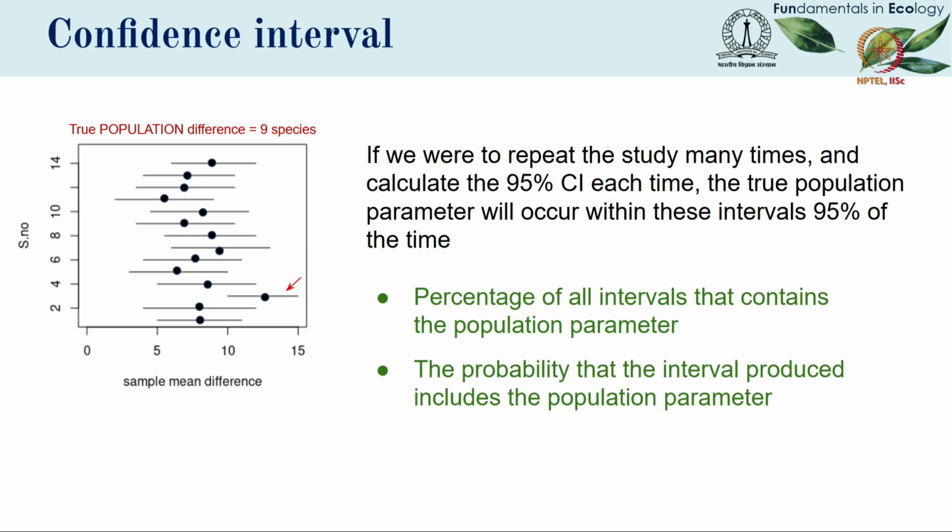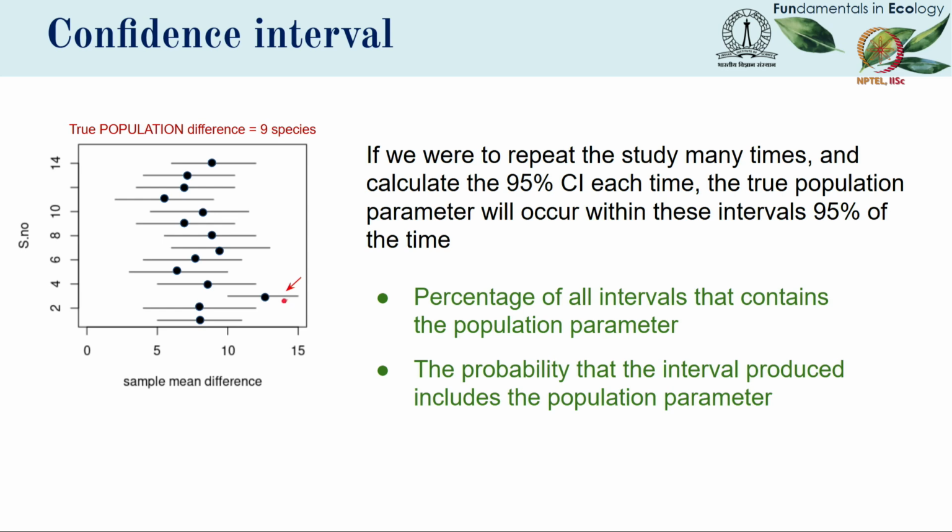So, technically the confidence interval represents the percentage of all intervals that contain the population parameter, or another way to think about it, it is the probability that the interval produced includes the population parameter. So, for a 95% confidence interval, there is a 95% probability that the interval you have produced includes the population parameter.